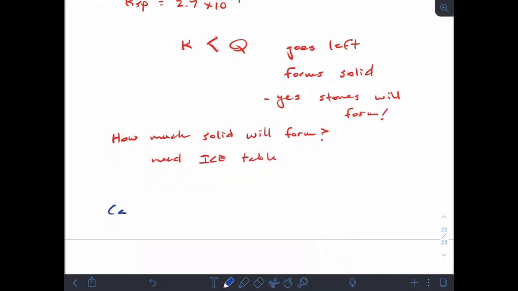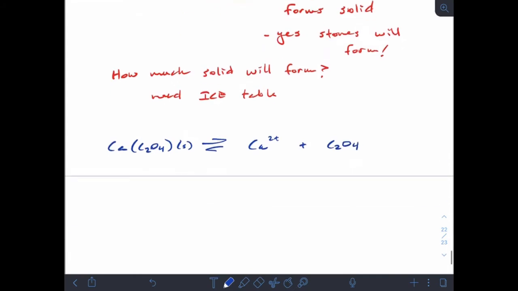So we want our equation, and our initial concentrations for calcium and oxalate, 2.2 times 10 to the minus 3 and 2.8 times 10 to the minus 5.